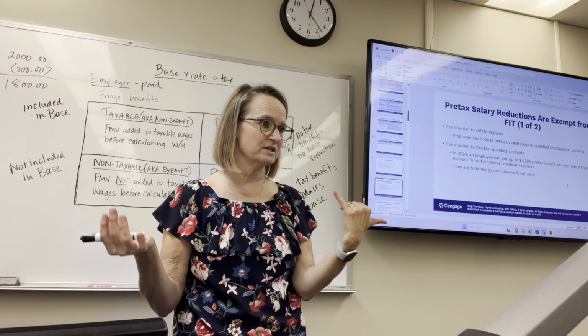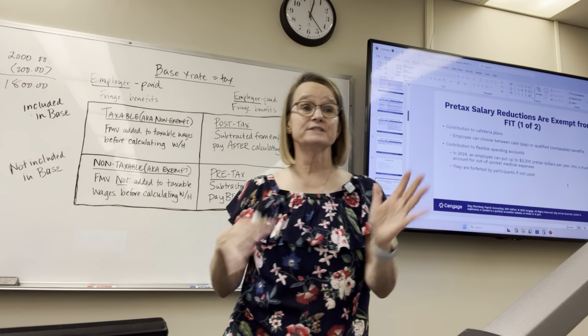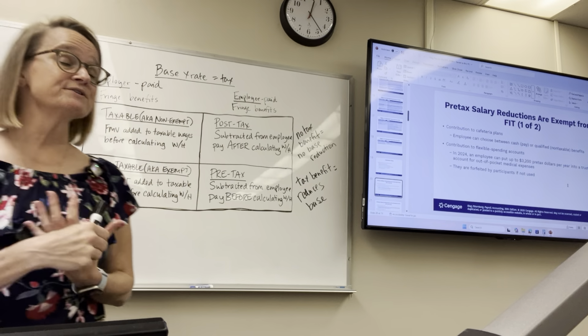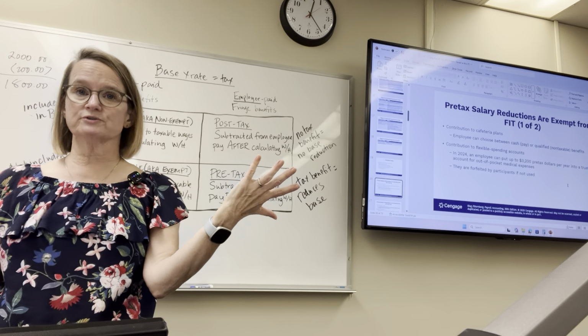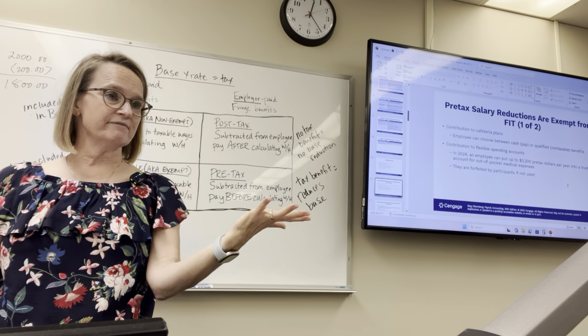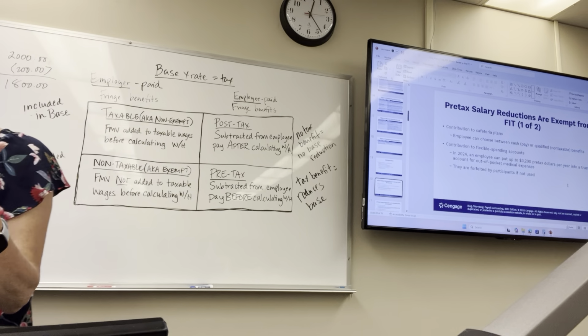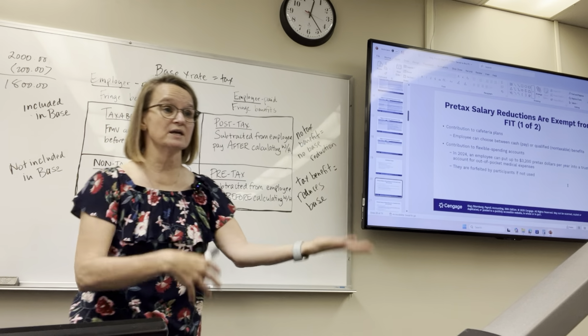I think it's like $8,000 if you have a family plan, but you have to have a particular type of health insurance in order to contribute to it. Also, with the health savings account, the money never goes away. It's yours forever. Even if you don't have that type of insurance anymore, you can still draw from that plan. You can't contribute to it, but you can draw from it. If you get a different job, you can take it with you.